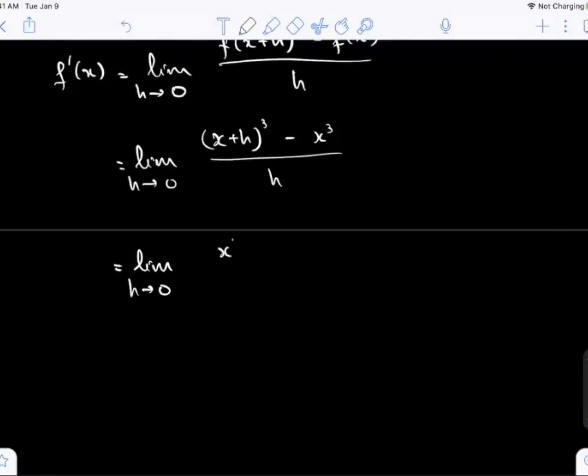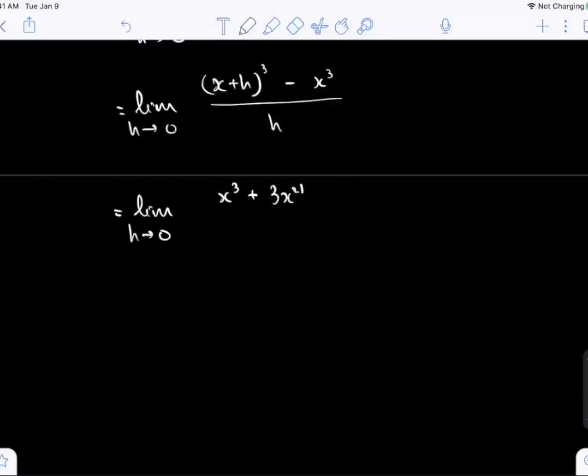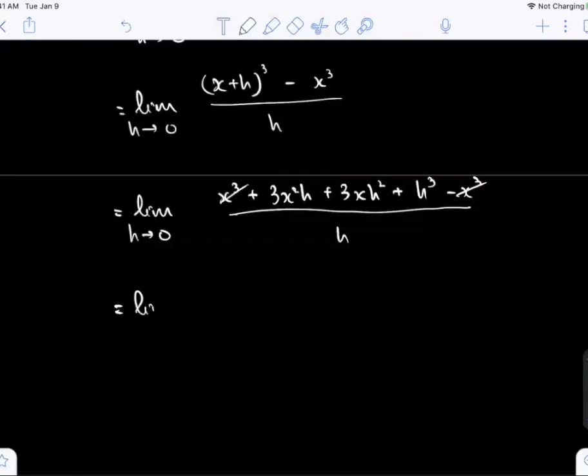You have x cubed plus 3x squared h plus 3x h squared plus h cubed minus x cubed, all divided by h. The x cubed cancels out. Limit as h approaches 0 of 3x squared h plus 3x h squared plus h cubed, divided by h.